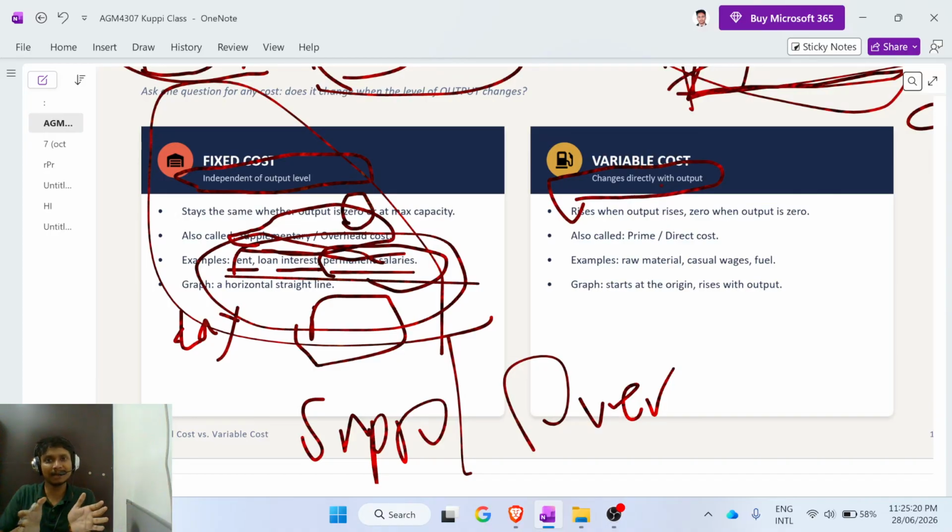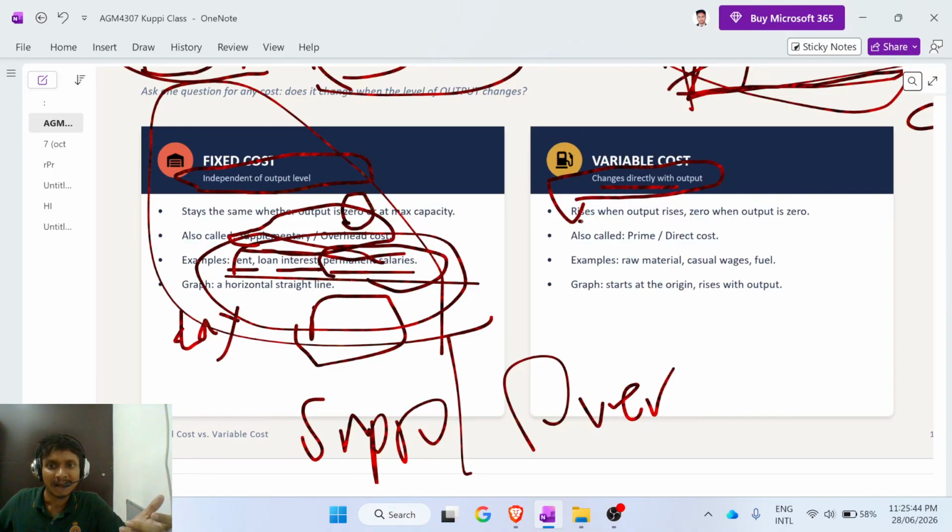The variable cost will change according to our output. If I want to make 10 roti, I need just a little flour. If I want to make a lot of roti, I have to buy 20 kilograms, 30 kilograms of flour. That is the variable cost, which changes directly with output.